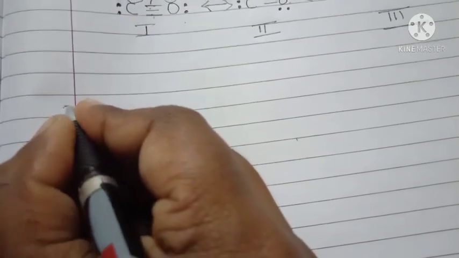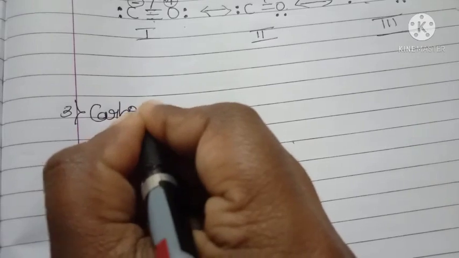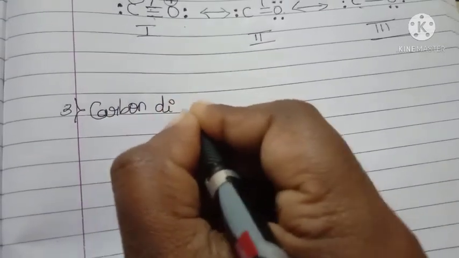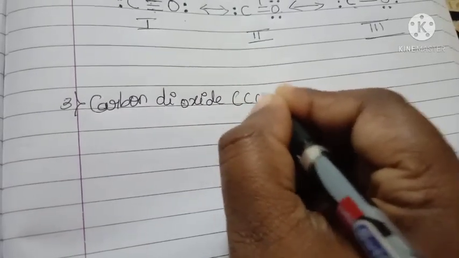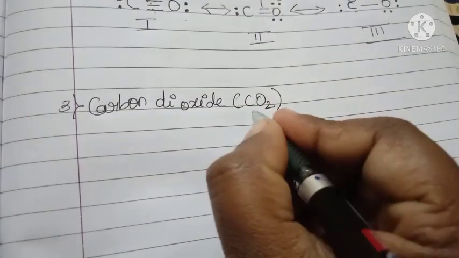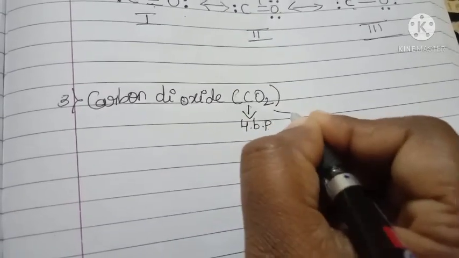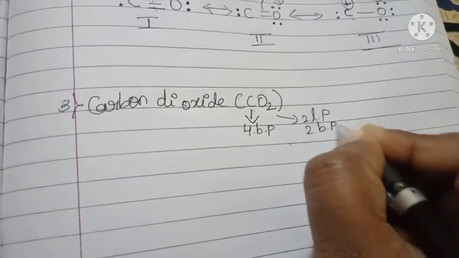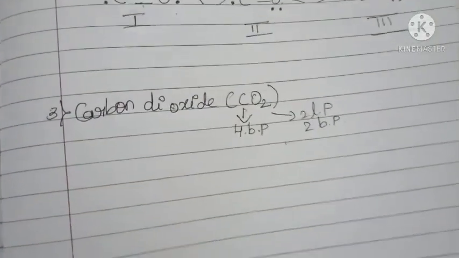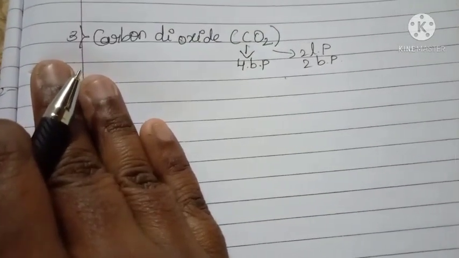Next, the third one is carbon dioxide. It means CO2. Here also carbon has 4 bond pairs, oxygen has 2 lone pairs and 2 bond pairs. Okay. Here there are 3 possible resonating structures.